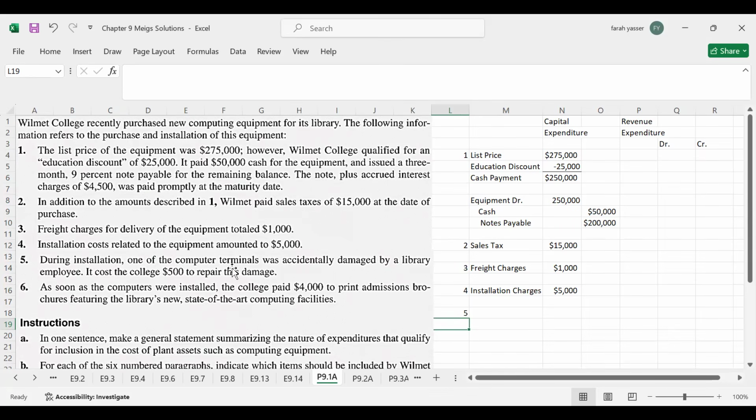It should be recorded as a revenue expense. All such damage costs, or repair expenses, are going to be recorded on the expense side as repair expenses. Because expenses are recorded on the debit side, we debit it by $500. So this is the repair cost.